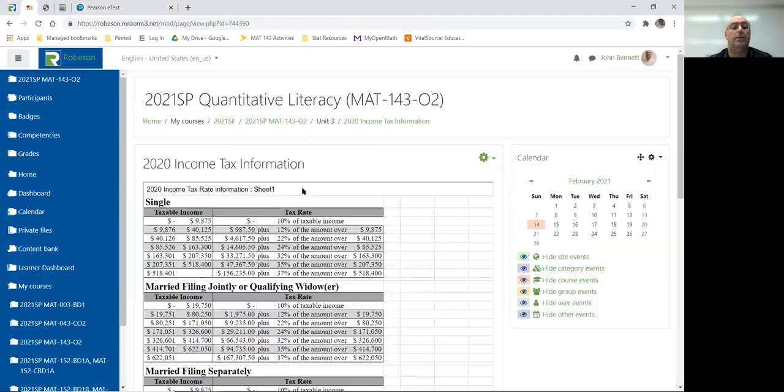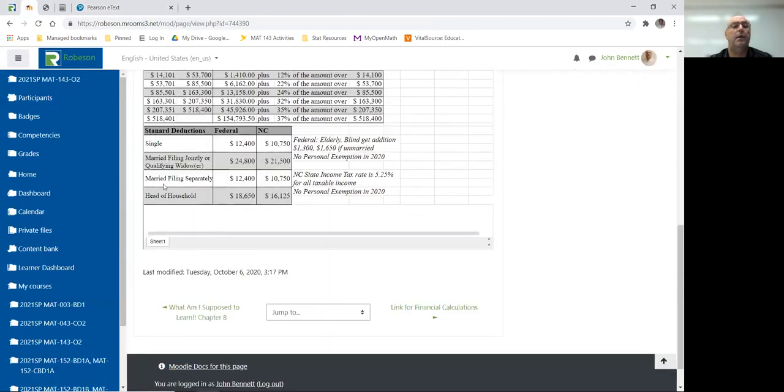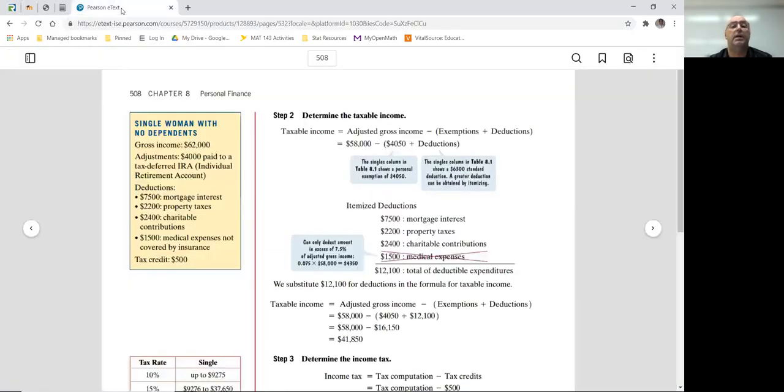But if you look at the chart, a single person can take a standard deduction of $12,400. So it's better for her to take the standard deduction than to take her itemized deductions as they did in the textbook. So here's the first change. Let's start the calculation there.